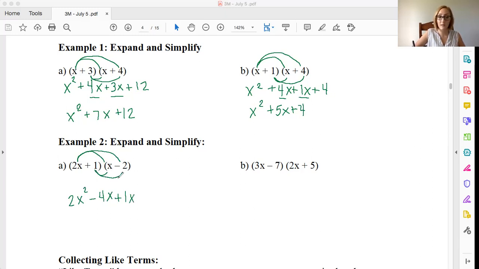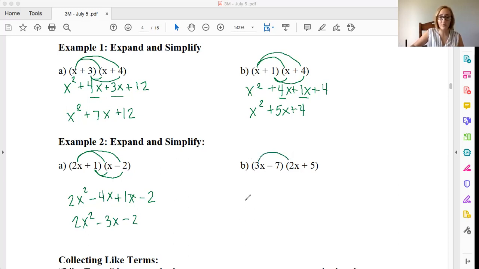And 1 times negative 2 will be minus 2. Okay, so you're going to put your like terms together. So 2x squared. So negative 4 plus 1 will give us minus 3x. And minus 2.